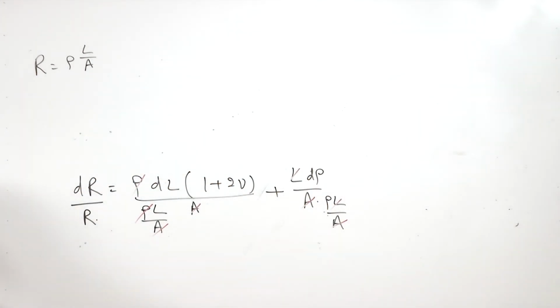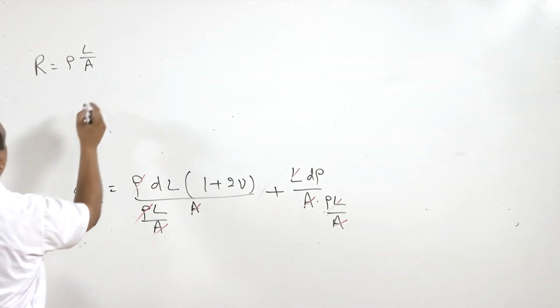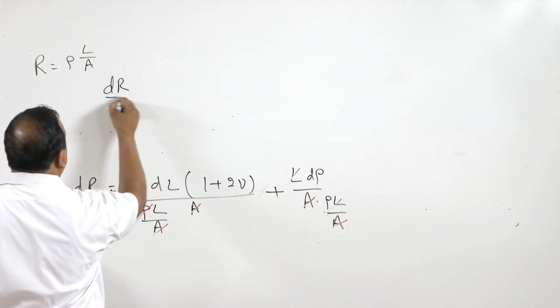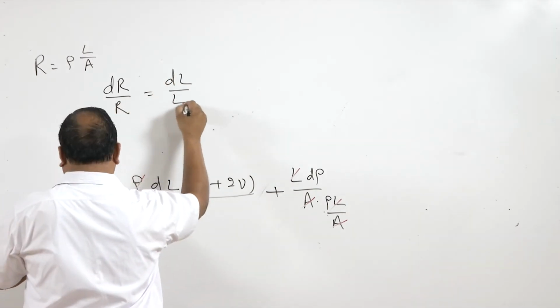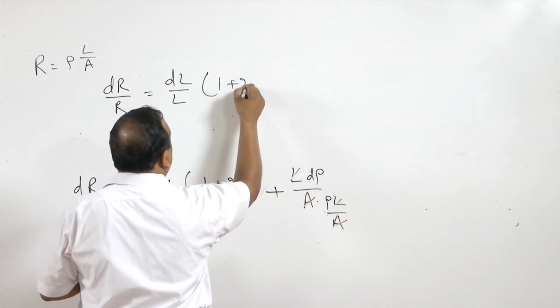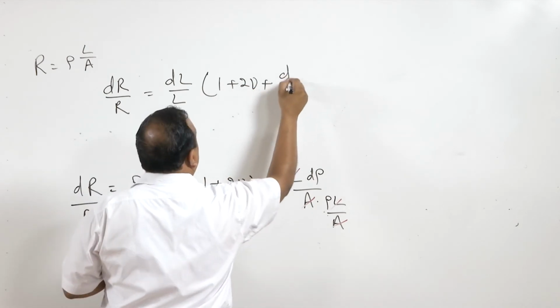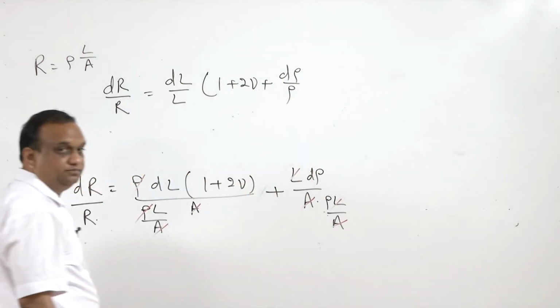And this will lead to the expression dr upon R is equal to dl upon L 1 plus 2 nu plus d rho upon rho.